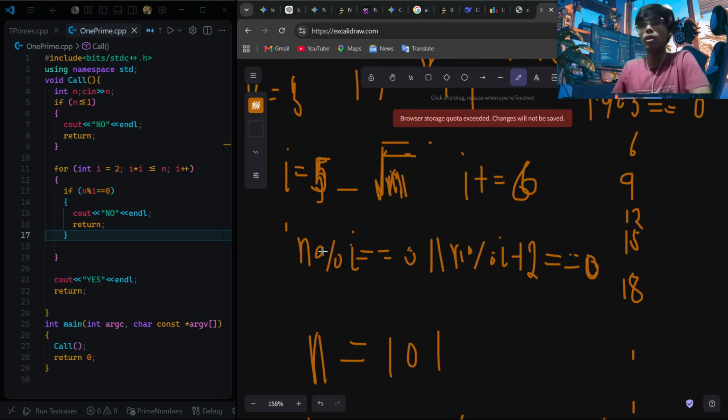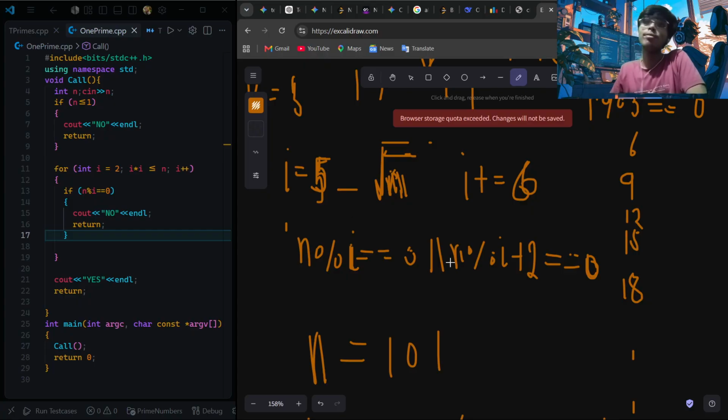I will take the modulus with i, meaning 5, and check whether this number is divisible by i. And at the same time, I will check whether it is divisible by i plus 2. If I check with 5, I can also check with 7. If I check with 11, I can check with 13. If I check with 17, I will check with 19 also.